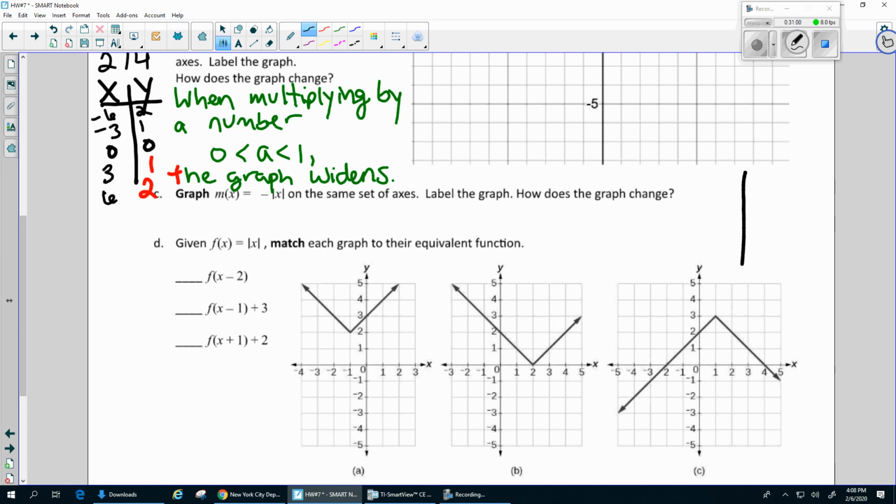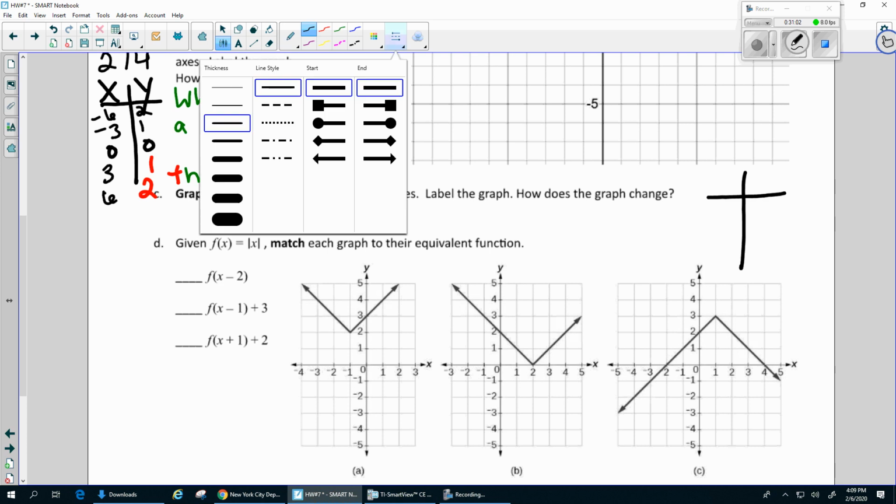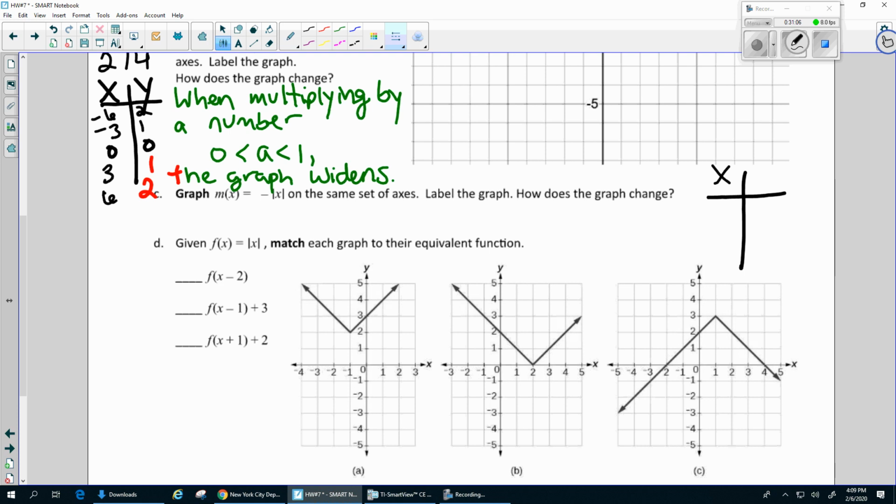So I have 0, 0, -1, -2, 1, and 2. And now, instead of like my previous, I'm getting more negative instead of more positive.